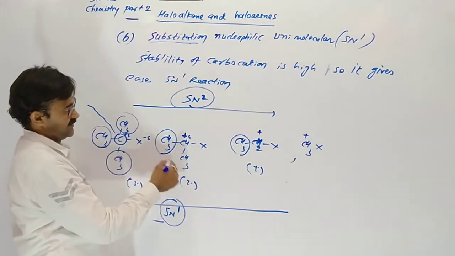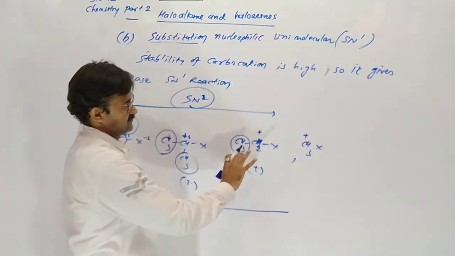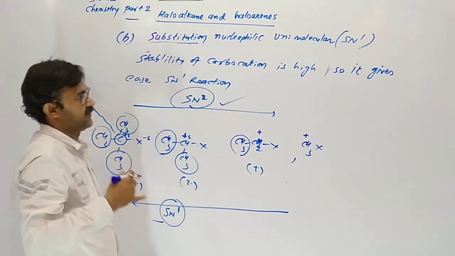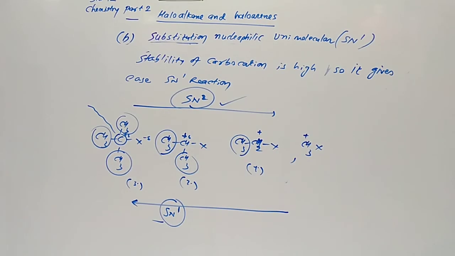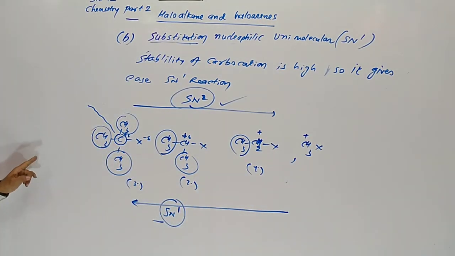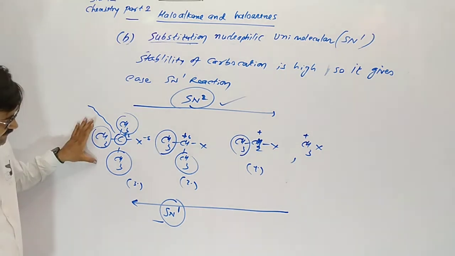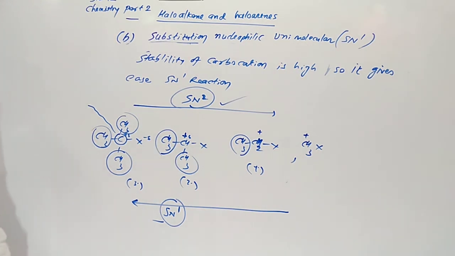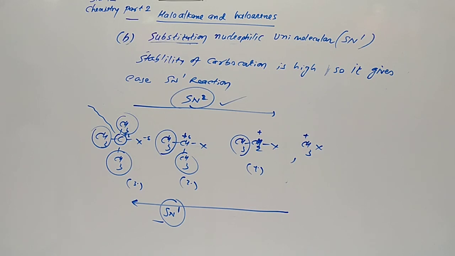Whenever bulkiness decreases, it gives SN2 fast. Understood? So in this order, tertiary alkyl halide gives very slow SN2, and methyl halide gives the fastest SN2 reaction.